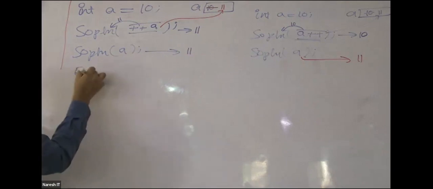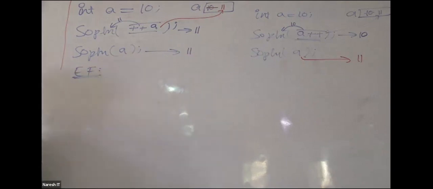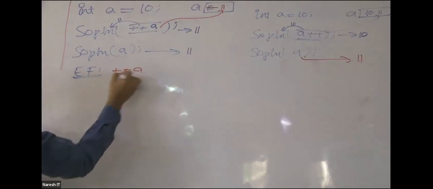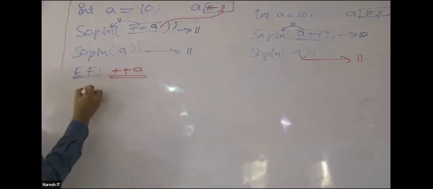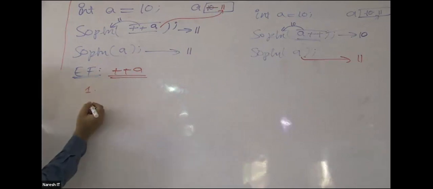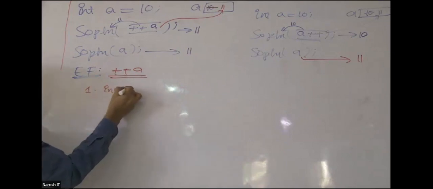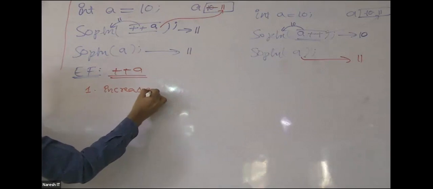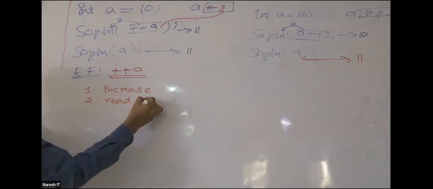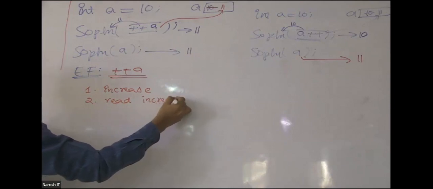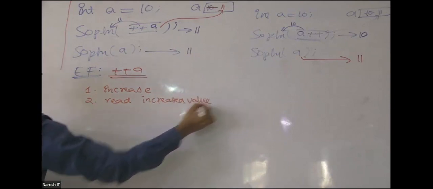Write down here the execution flow. Plus plus a execution flow. First step is what? Read a, increase. Second step, read what value? The increased value.